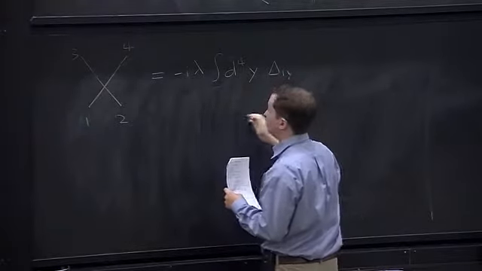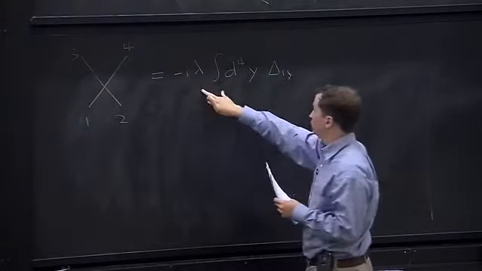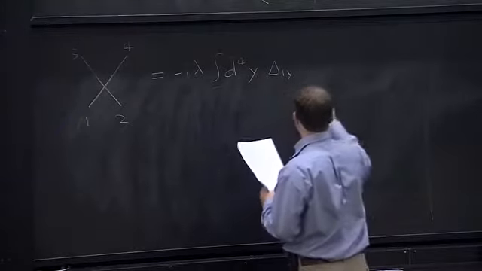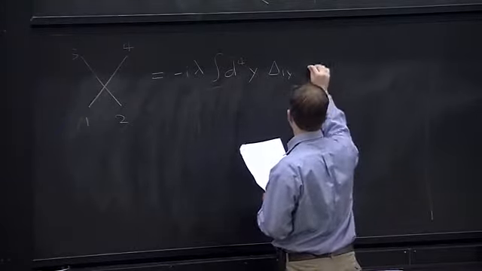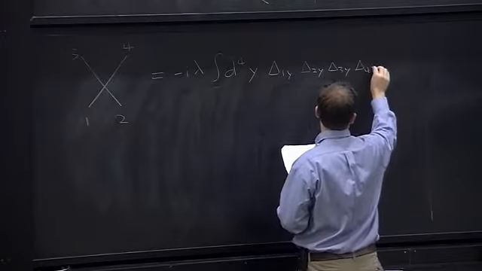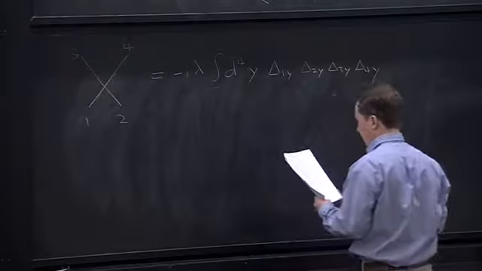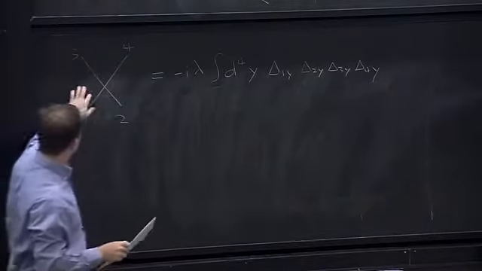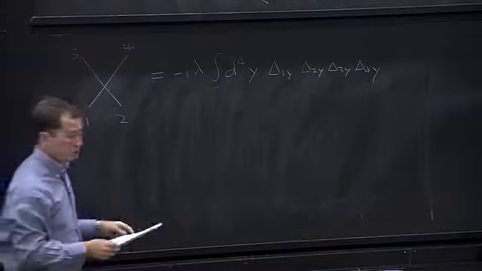We've got one vertex, so we have one factor of minus i lambda integrated over d4y. And we have propagators from each of the external points to y. And there's no symmetry factor, because the external points are all different in general.